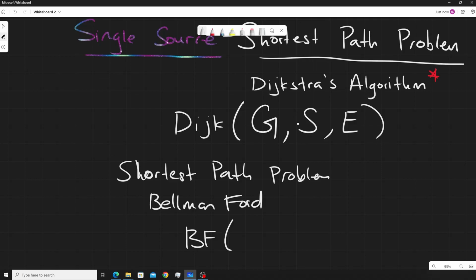Now this is very interesting in that Dijkstra requires 3 inputs, Bellman Ford requires just 1.